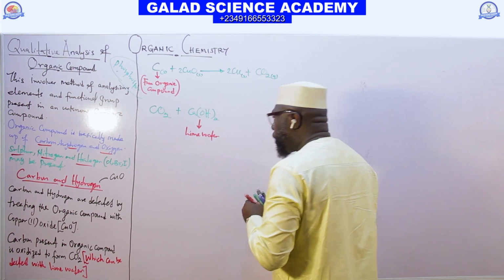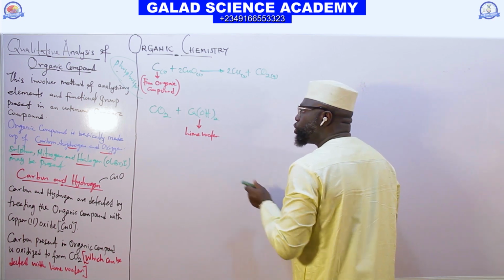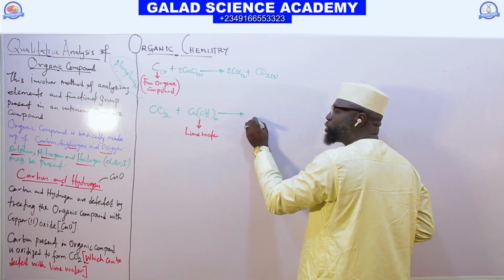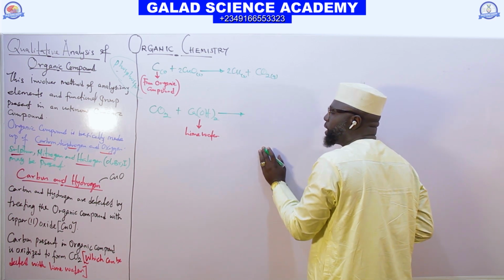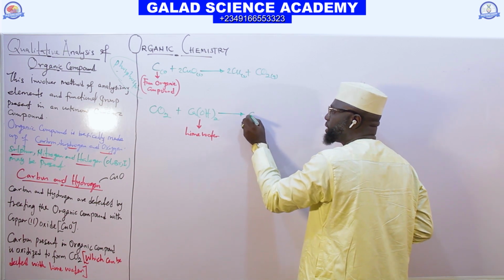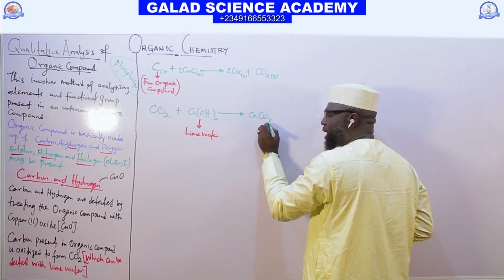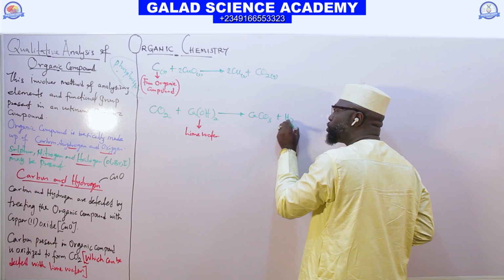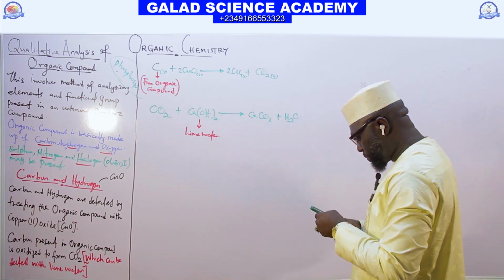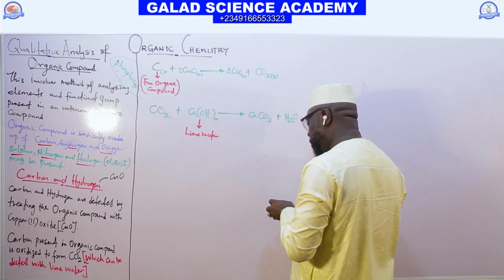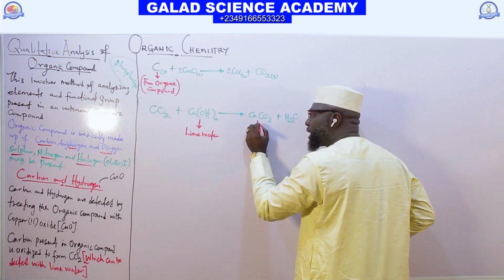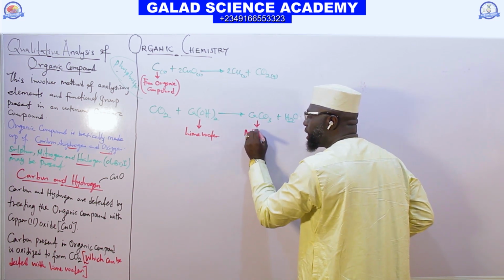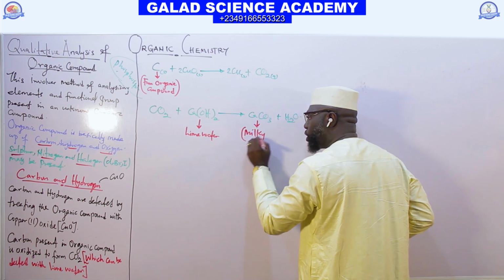So when CO2 reacts with lime water, it will give out calcium carbonate, which has a milky color, plus H2O. So the lime water turns milky.